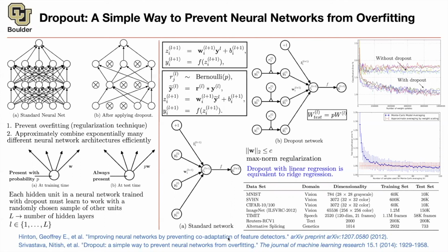So there are two things that are happening here. One is during training, things are random. You are correct. But during testing, when you want to give your model to somebody else, things are deterministic. So you keep all of the parameters, but then you weight them by the probability.